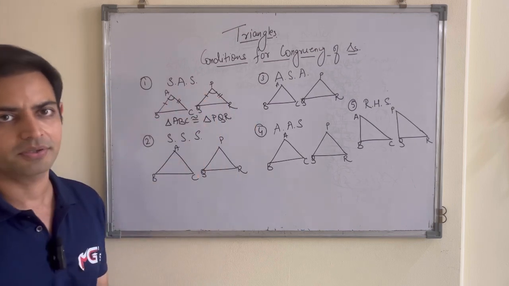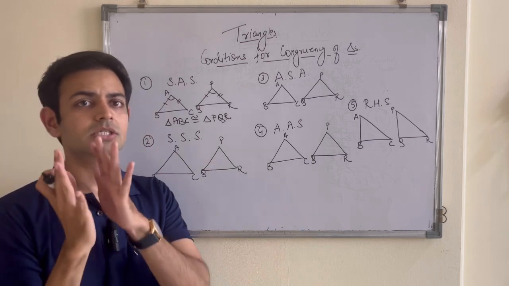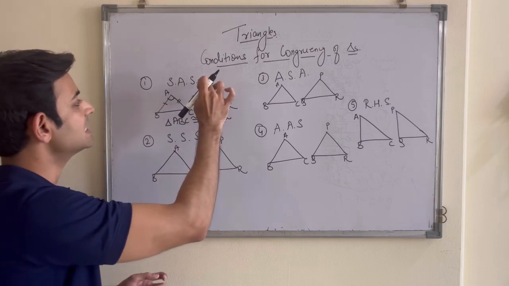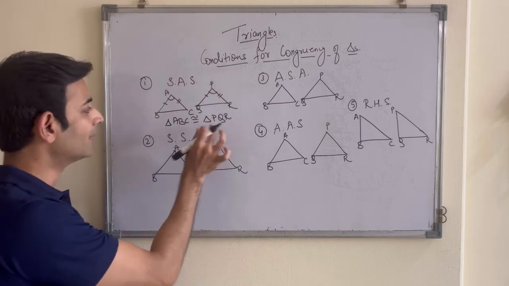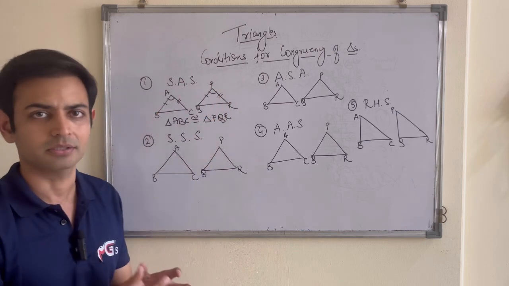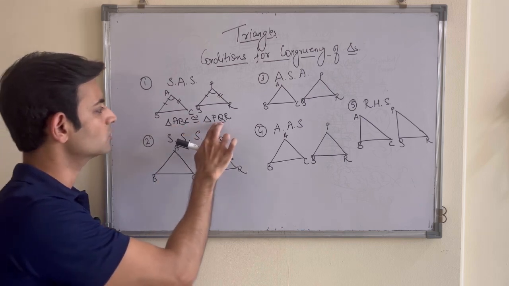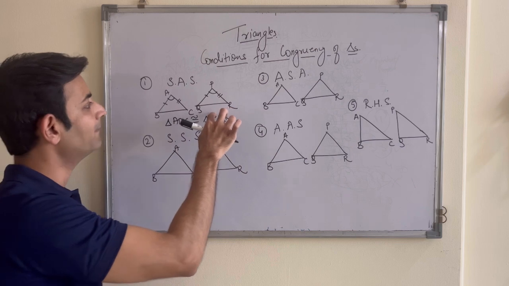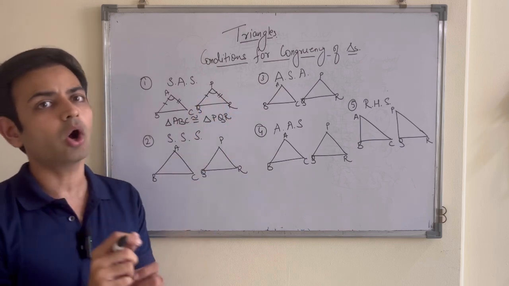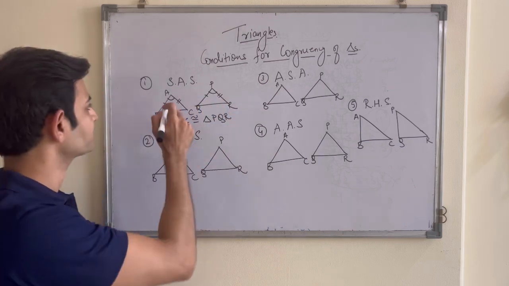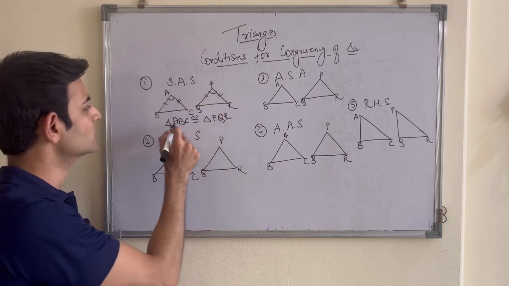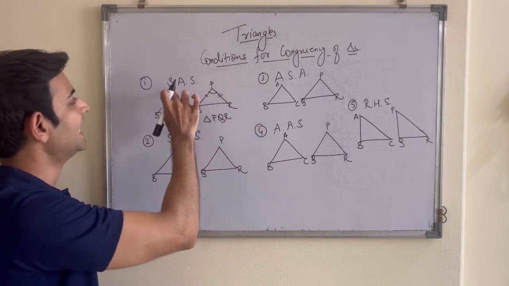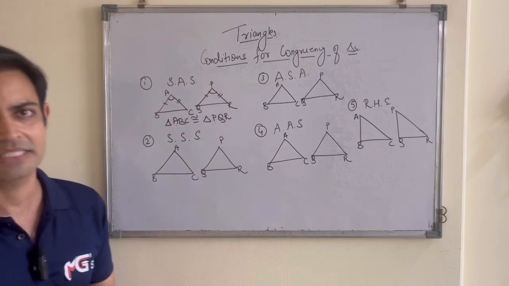Now remember one more thing here: whatever is equal to each other, for example, AB is equal to PQ, should appear in the respective order. So I see AB here, so PQ here; AC here, so PR there. This order has to be maintained. Angle A is equal to angle P, so A and P are together. So this is your criteria SAS, or side angle side.